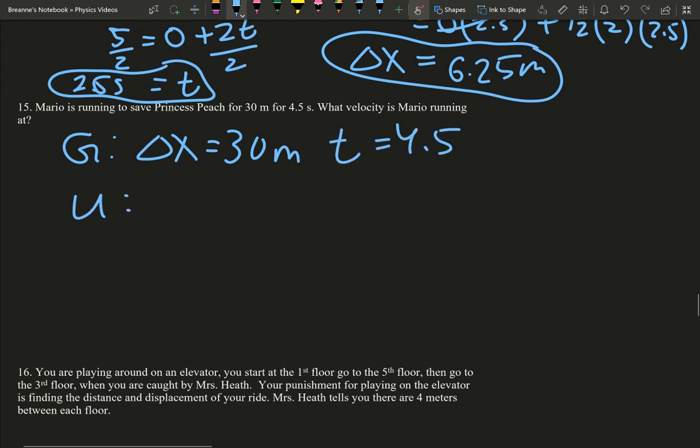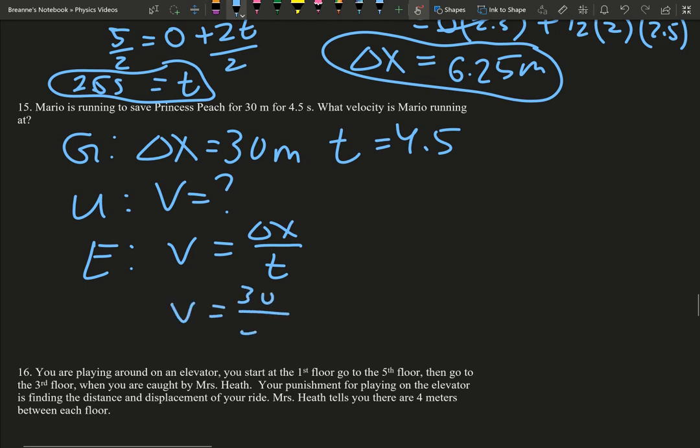Our unknown is velocity. So we're just using the small equation again. So it'd be v equals delta x divided by t. We just plug in. So it's just going to be 30 divided by 4.5. So 30 divided by 4.5 gives you 6.67 when you round, meters per second.